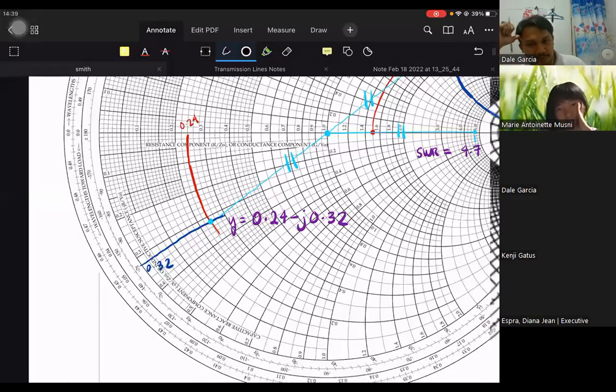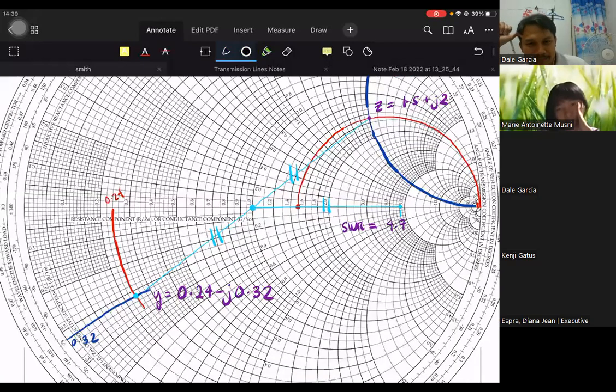Before I proceed, can you follow? So that's Y. We could multiply by 50 since it's admittance, but that's probably not needed. So determine the distance from the load to the stub.